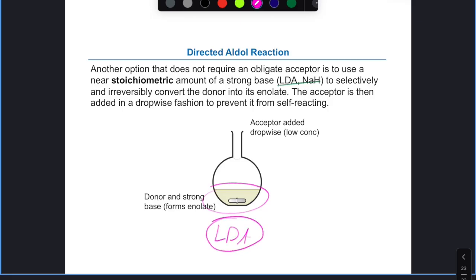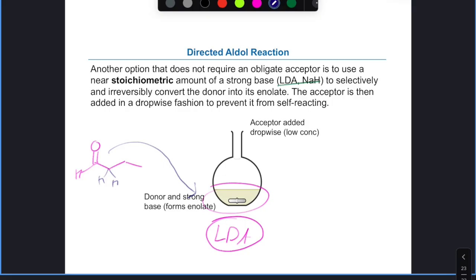If I've got all this base waiting there, what I can do is slowly add what I want to use as my donor. So I want to use, let's say, the same donor. If in step one I add that donor slowly to the system, there's always a lot of LDA.